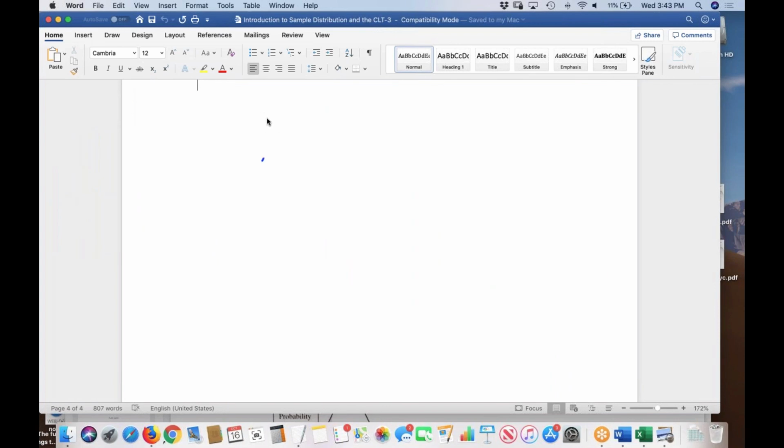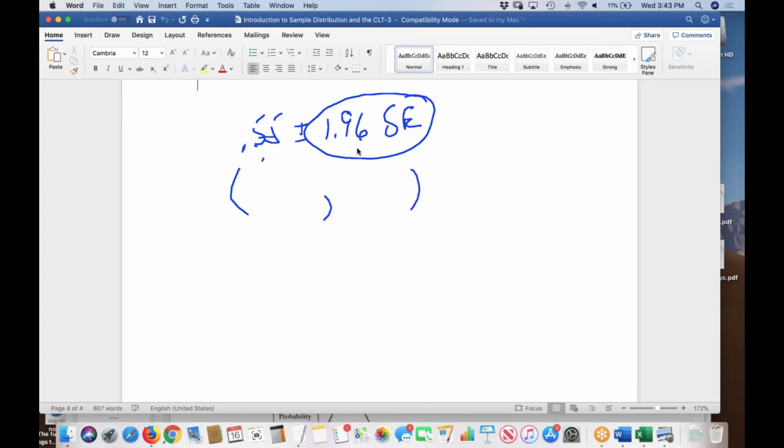Now, remember I said that it was 0.55 plus or minus 1.96 times our standard error. This is the amount that I'm adding and subtracting from 0.55 to get my confidence interval, right? So I'm adding and subtracting that much to get my range. So I'm saying my mean is 55 plus a little bit this way and a little bit that way.